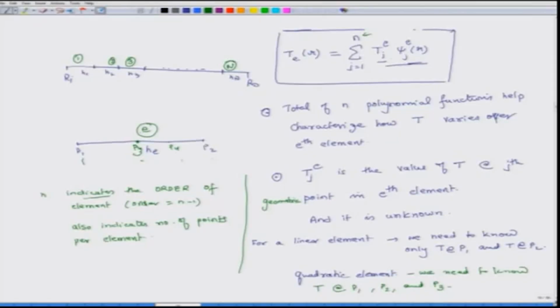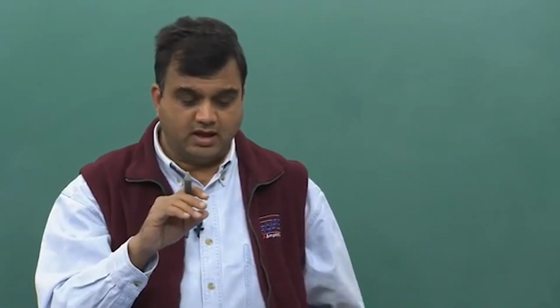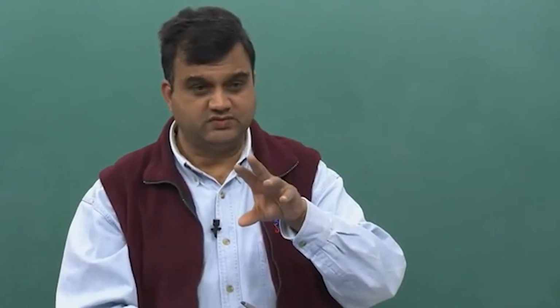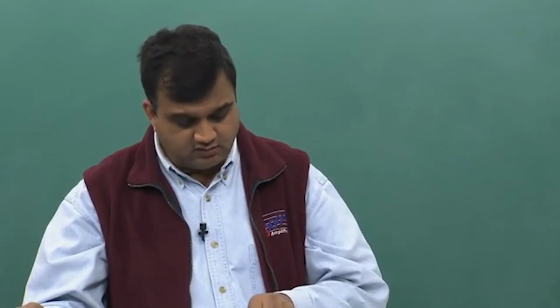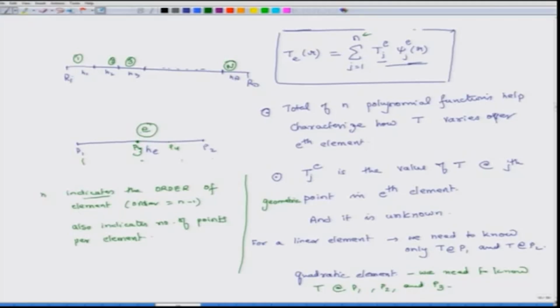Now, these functions will not be as simple as this, the way I have explained, they will be a little more complicated, but ultimately when you do all the analysis, it boils down to this: if you have n functions and the amplitude of each function is 1 in a normalized way, then at each point whatever is the value of that function, it will indicate the value, the displacement or the temperature or whatever.